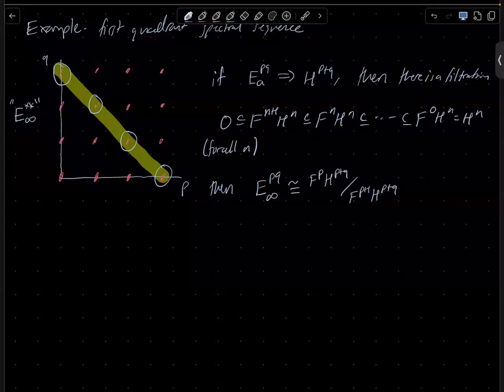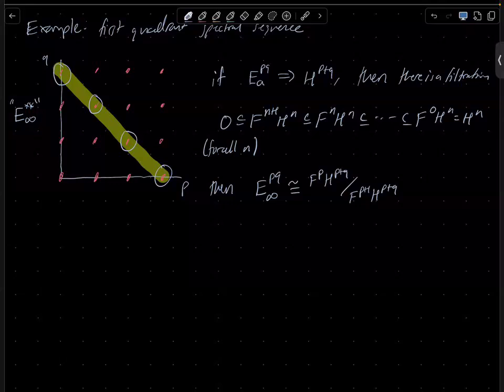And then you can write out each of the isomorphisms for those. Those are the associated gradients of H^3. Each of these E infinity^{p,q} are these quotients. And so up to extension, you assemble these E infinity pieces together and you can recover H^3.